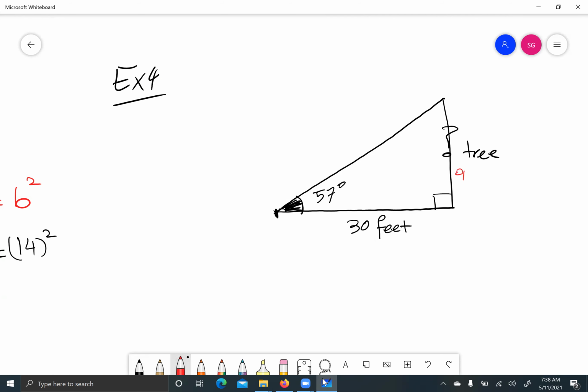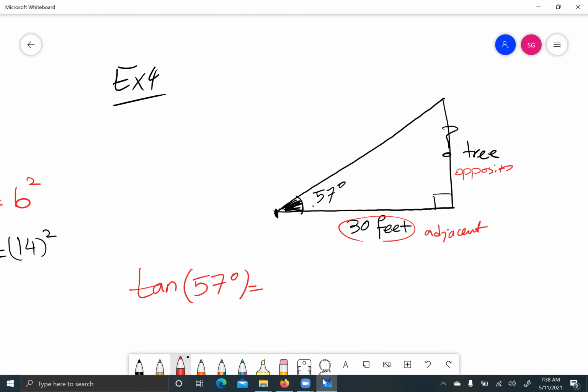This is the opposite side for 57 degrees, and this is 30 feet, the adjacent. So I have the value for the angle, I have the adjacent, I don't have the opposite. So here we should use the tangent of this angle.